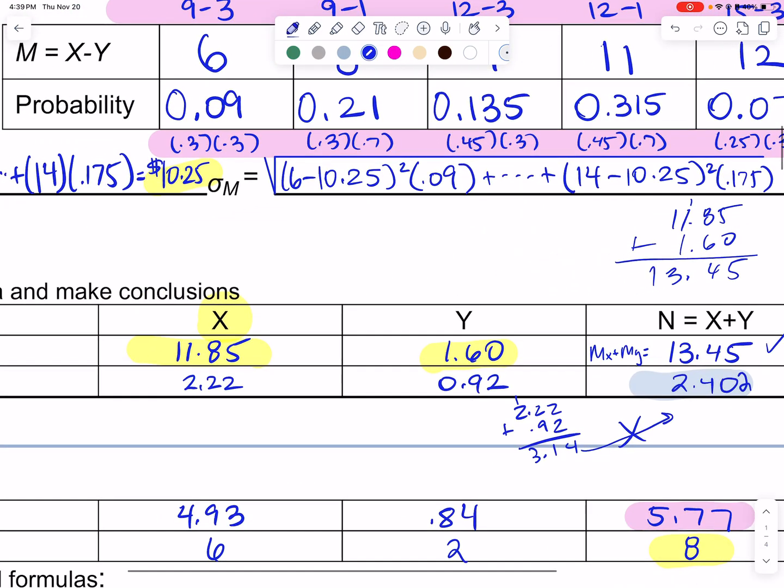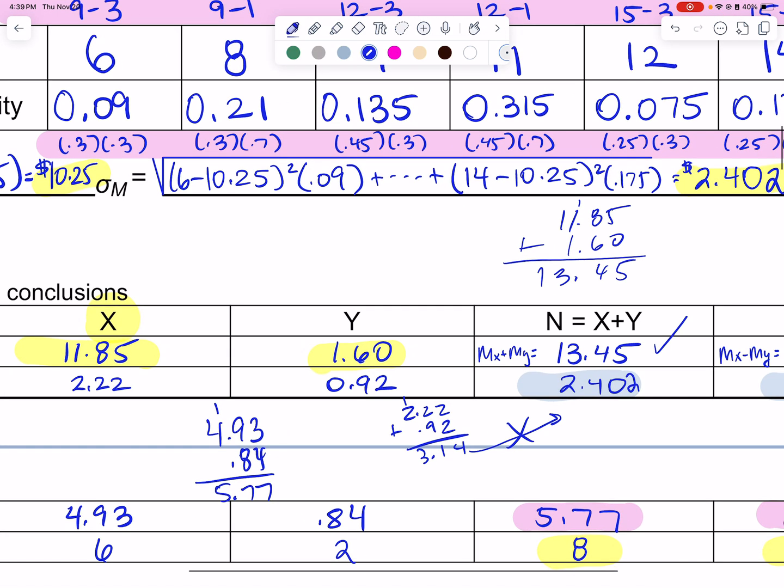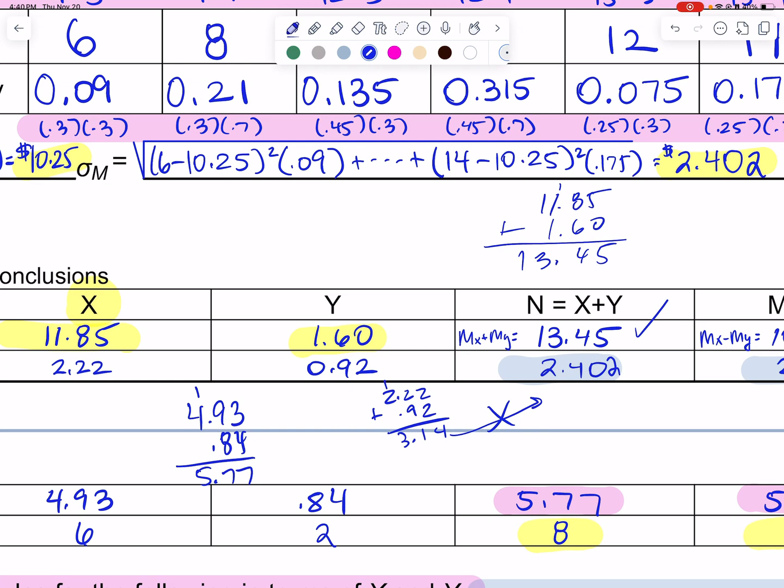Because I did notice that my variance of 4.93 and 0.84 adds up to 5.77. And I see that it is my variance, which is this symbol, and this is this symbol.